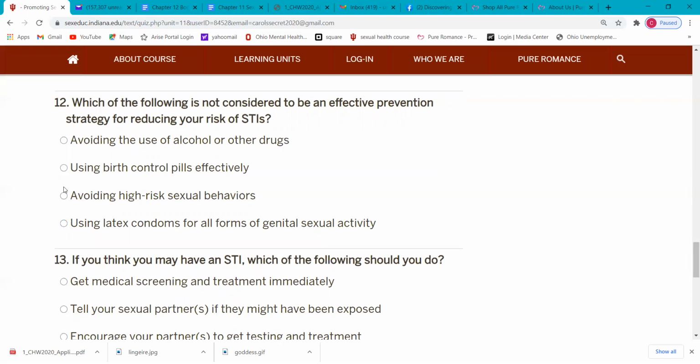Is it avoiding the use of alcohol or drugs, using birth control pills effectively, avoiding high-risk sexual behaviors, or using a latex condom for all forms of genital and sexual activity? 12 is using birth control pills effectively. Right. Birth control pills are not going to help you with STIs.